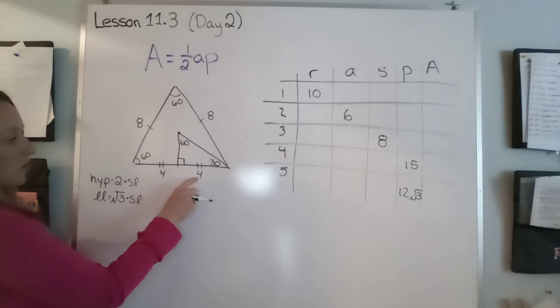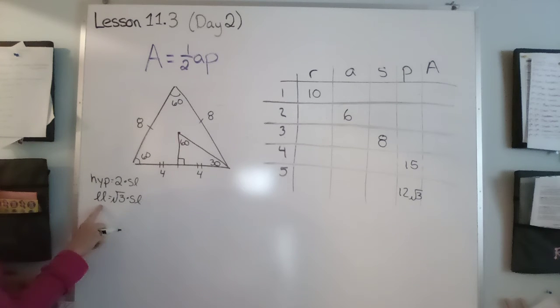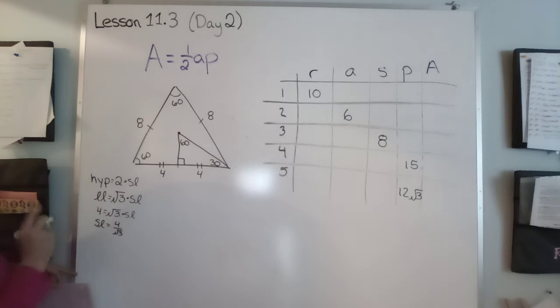If I'm given the long leg is 4, I would plug that in there to solve for the short leg. So if the long leg is 4, then to solve for the short leg, I have to divide both sides by root 3. So when I divide by root 3, I'm going to have my short leg is equal to 4 over root 3. And then I have to rationalize by multiplying top and bottom by root 3. So my short leg is equal to 4 root 3 over 3.